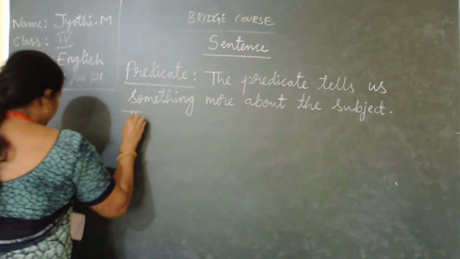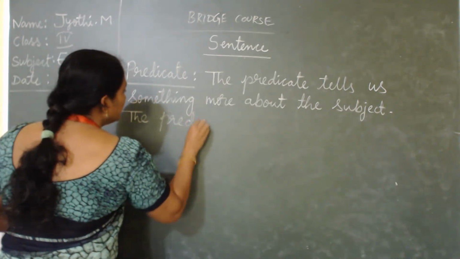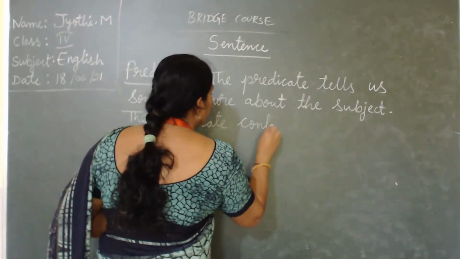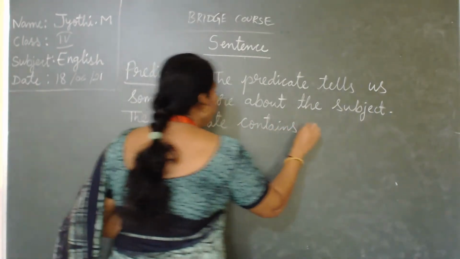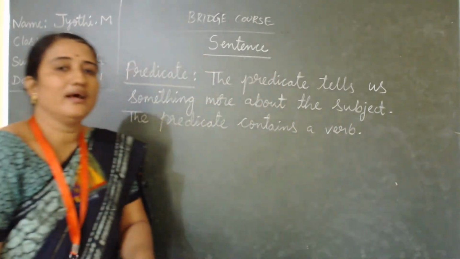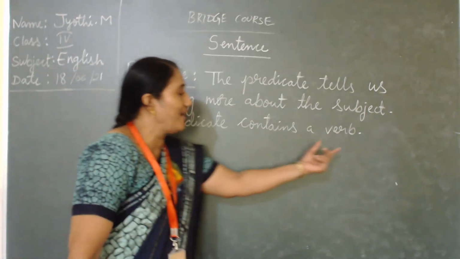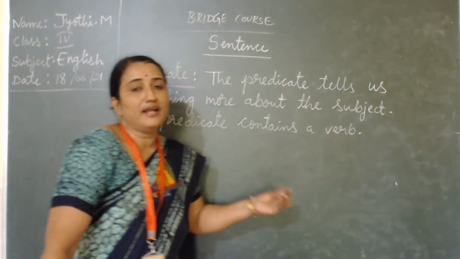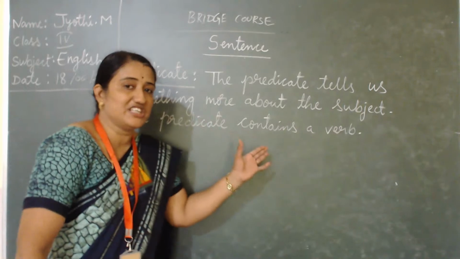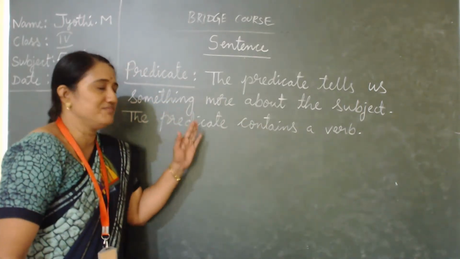The predicate contains a verb. I told you, no, while identifying the subject and the predicate in a sentence, you have to first find the verb in a sentence, and then you can ask like who is doing that action. Verb is action, but you know, who does the action will be the subject.